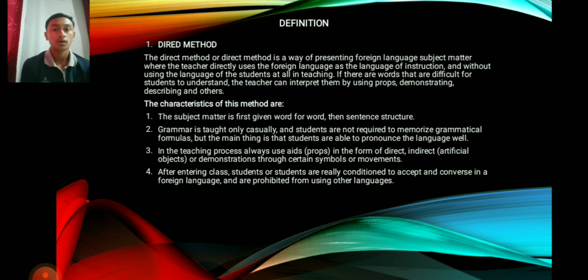Number two, grammar is taught only cautiously and students are not requested to memorize grammatical formats, but the main thing is that students are able to pronounce the language well. Number three, in the teaching process, always use aids or props in the form of pictures, objects, or demonstratives through gestures, schemes, balls, or movements.